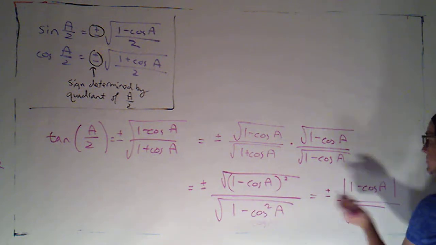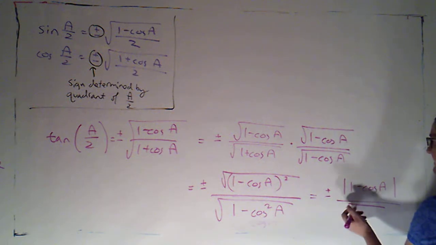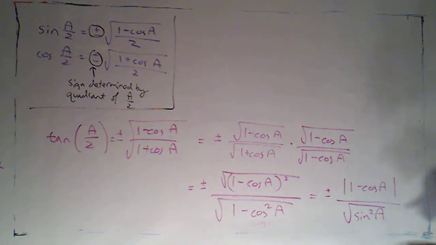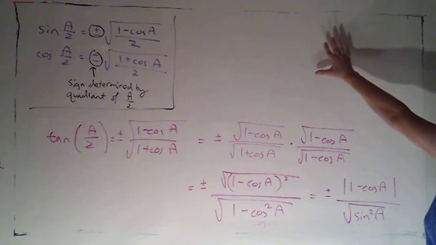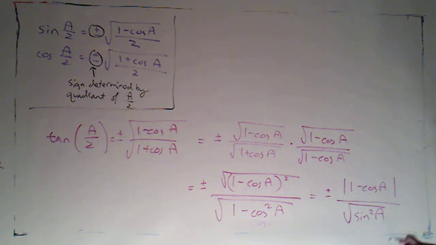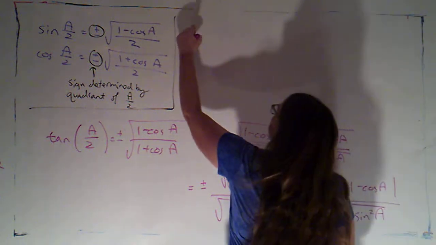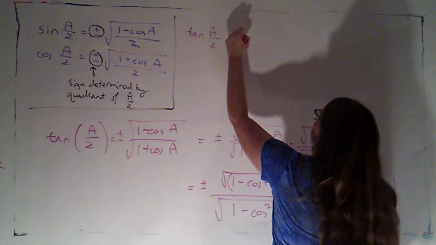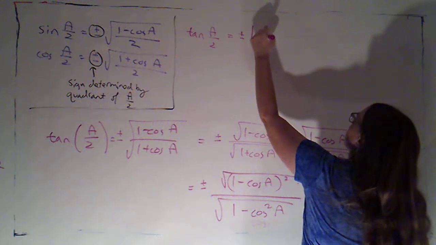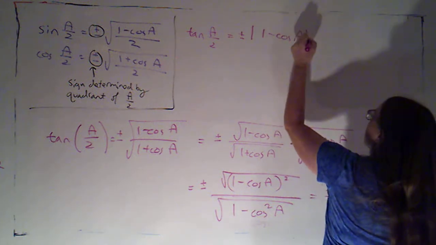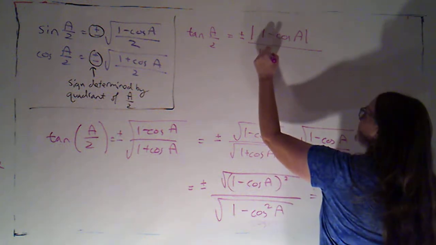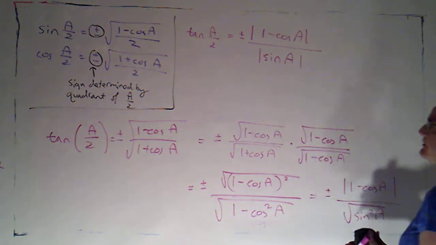Over, now I can use my Pythagorean identity and say this is the square root of sine squared A. So what we have so far is tangent of A over 2 is plus or minus the absolute value of 1 minus cosine of A all over, and the square root of sine squared A is the absolute value of sine of A.